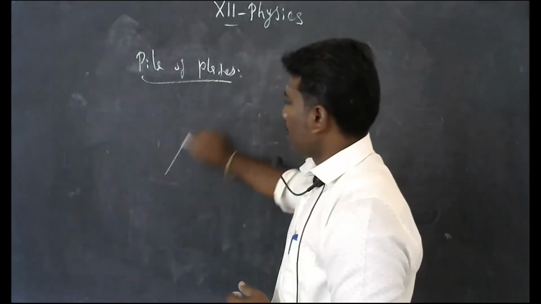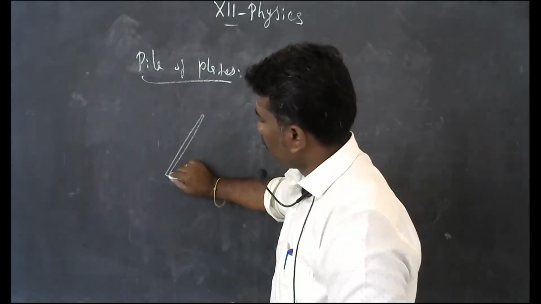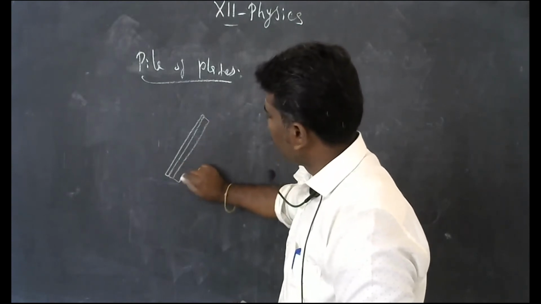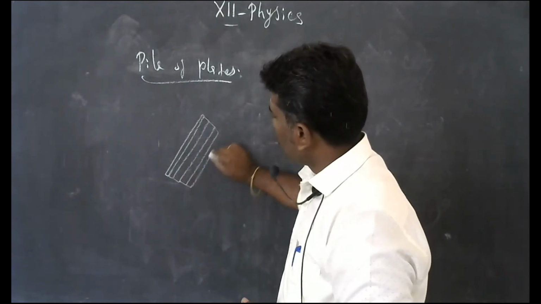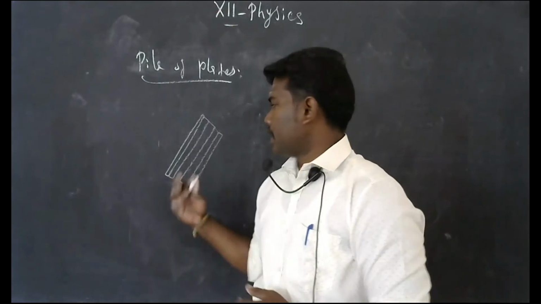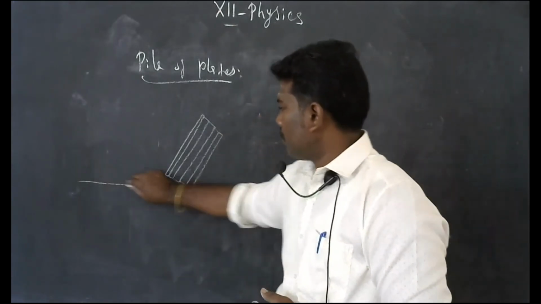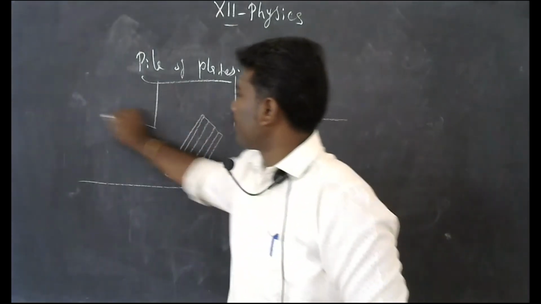If you have an arrangement like this, one transparent material is placed over another transparent material. If you take more than two transparent sheets or glass plates, we have an arrangement like this.